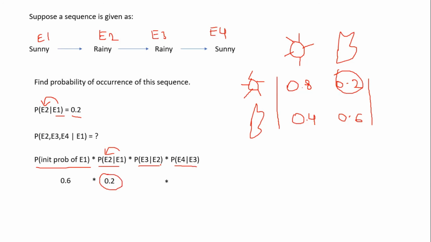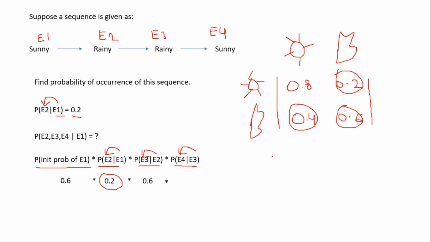Next, the probability for rainy after rainy. For the rainy sequence, we have 0.6. So multiply that with 0.6. And the probability of E4 given E3. What is E3? Rainy. So sunny after rainy, that is rainy to sunny.